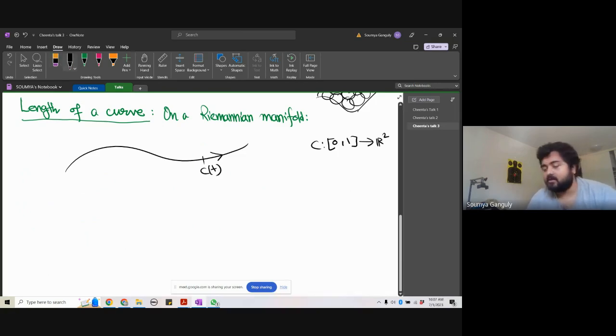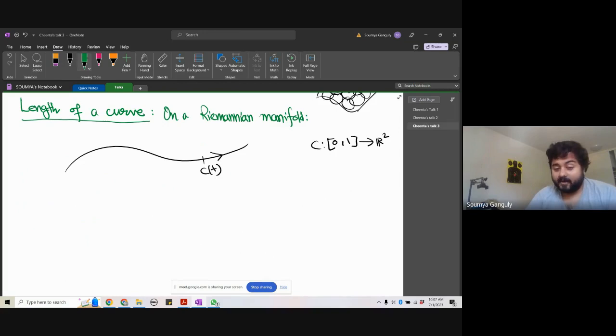It's the parametrization of the curve. Suppose C of t is the equation of the path of an ant, in a very bad drawing, moving along this curve with the position vector C of t with respect to the origin here.